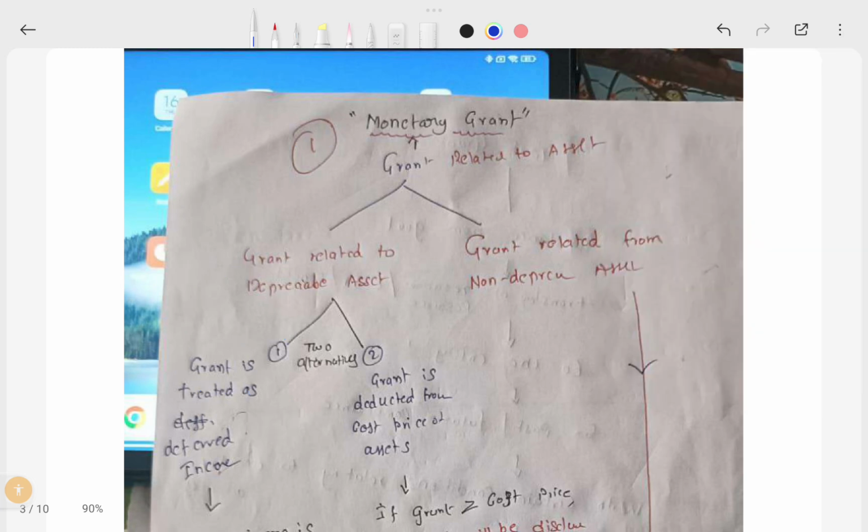All these are involved. One by one I will go through and explain. First of all, grant related to an asset. If any monetary grant related to an asset is a non-mandatory grant, it should be exempt from the definition itself. So we just need to disclose that we got this assistance from the government as per Ind AS 20.